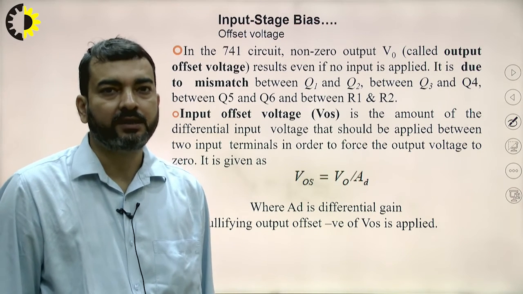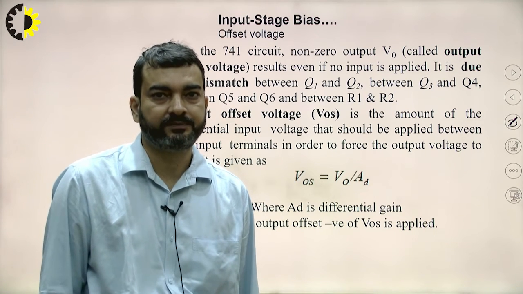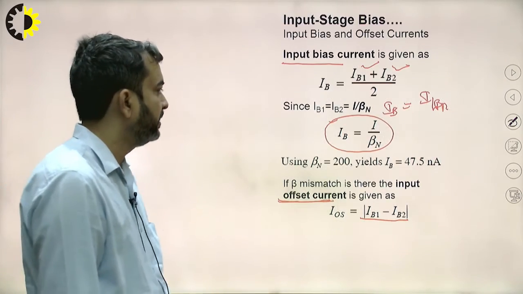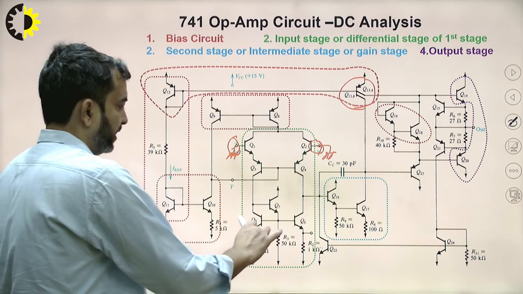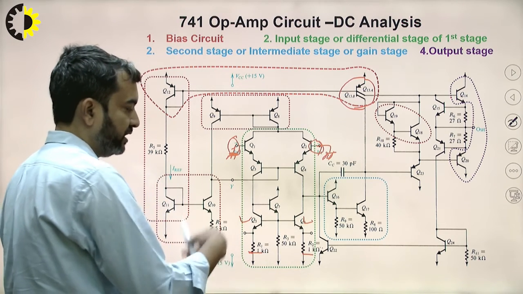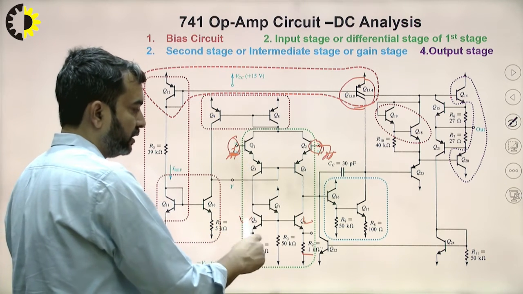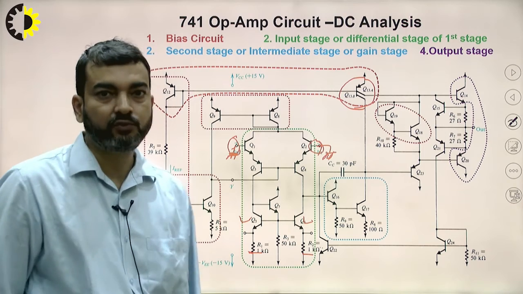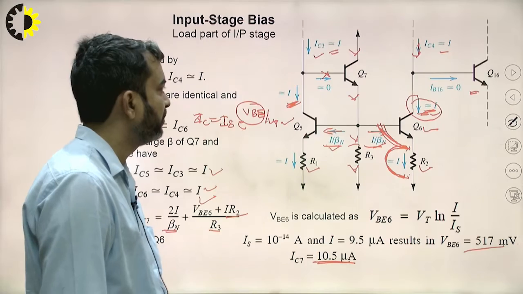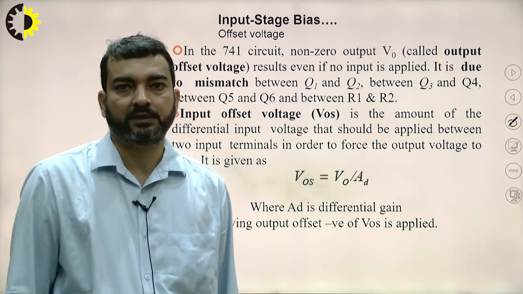Now coming to another very popular term, which is known as offset voltage. Here in the input stage, transistors Q5, Q6, and resistances R1 and R2 are the same. If there is some mismatch between transistors Q1, Q2, Q3, Q4, Q5 and Q6, which are assumed to be matched, then we will have some unwanted output voltage.